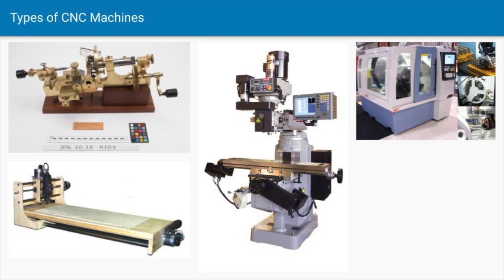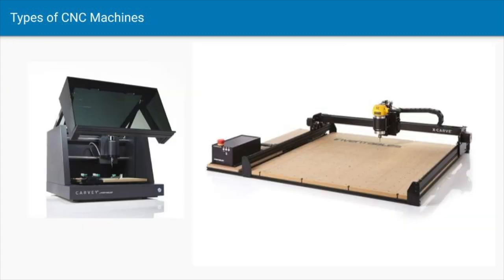Here at the library, we are typically designing for either the Carvey or the X-Carve, which are available for you to use in our learning labs. Both of these machines are computerized routers, which means they use drill bits to carve out designs in a variety of materials.